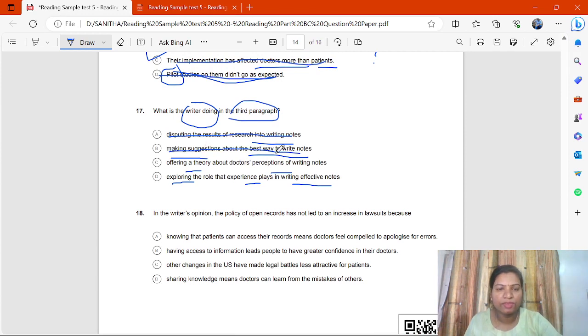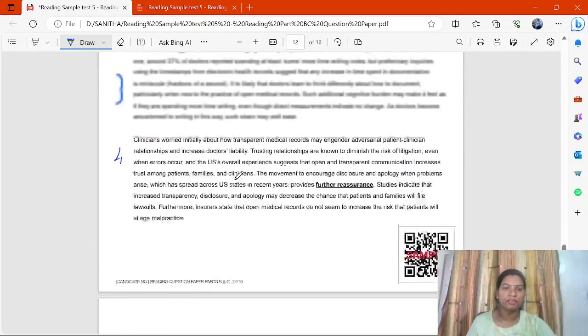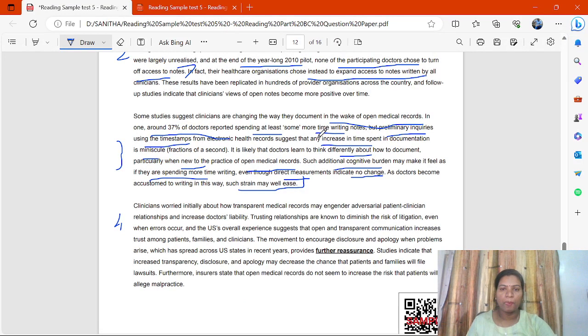Eliminate that option. Offering a theory about doctors' perception of writing notes. Perception, doctors' perception. Okay, we can read it from here. Around 37% of doctors report spending some more time writing notes, but preliminary inquiries using timestamps from electronic health records suggest that any increase in time spent on documentation is minuscule.